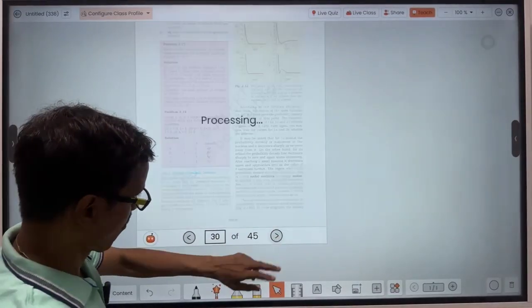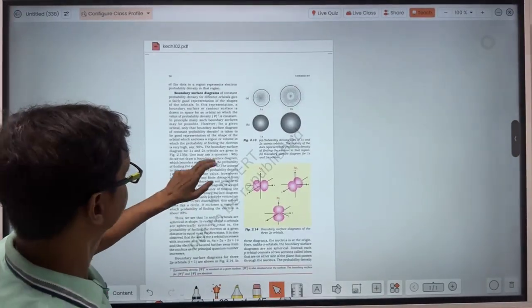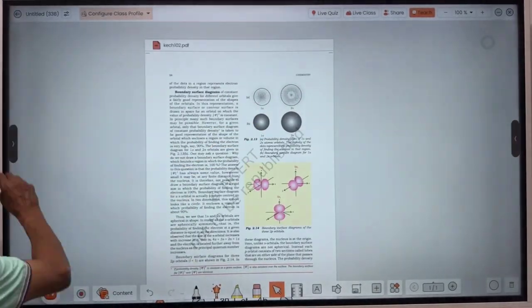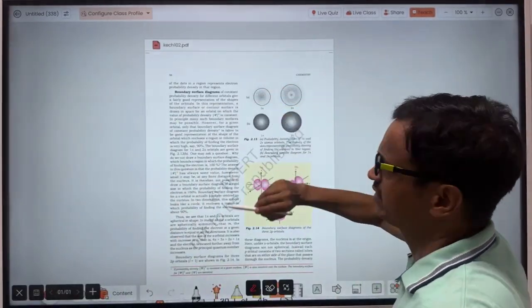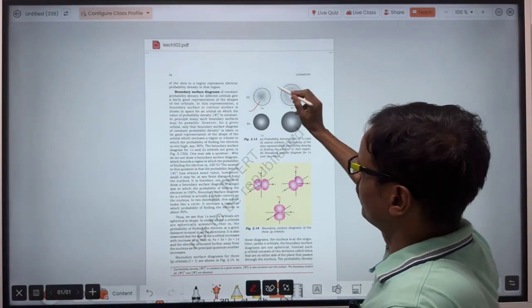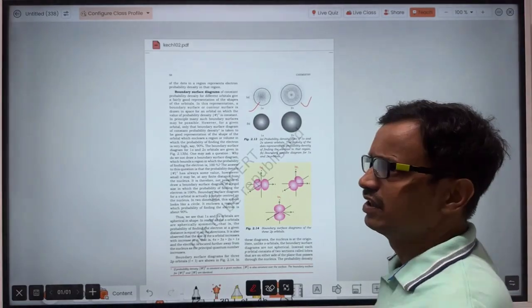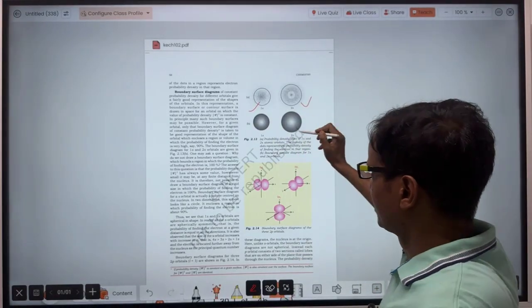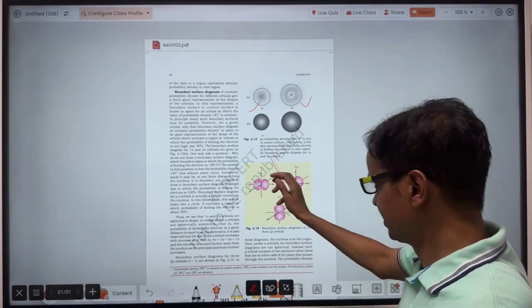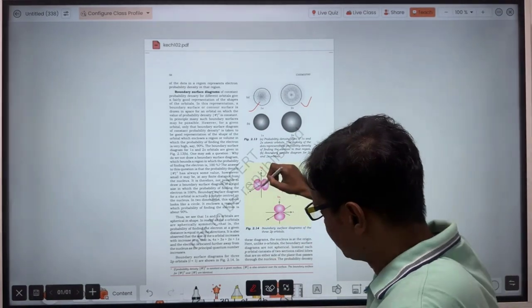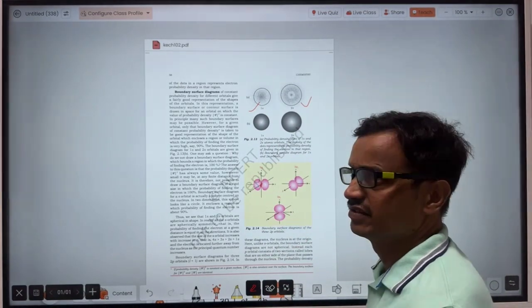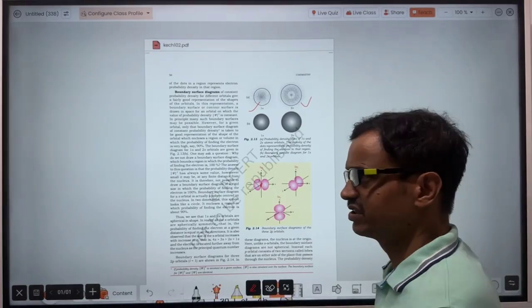Now let's see the boundary surface diagram. The boundary surface diagram for the 1s orbital has been given here. For the s orbital, the boundary surface diagram is spherical. For the p subshell or p orbital, there is a nucleus at the origin.